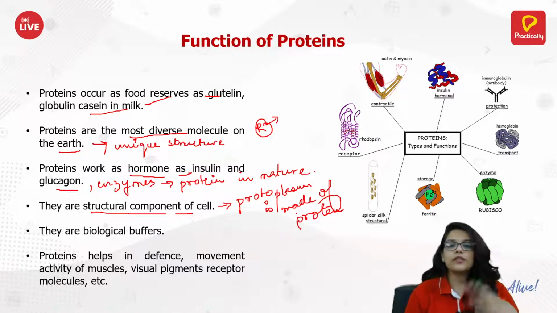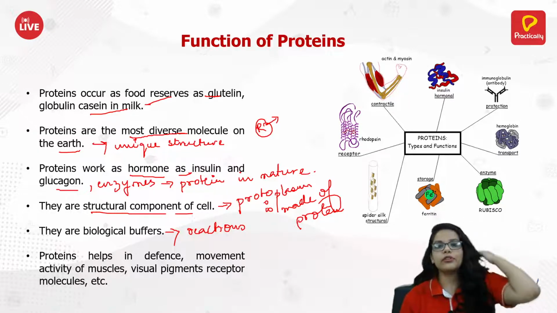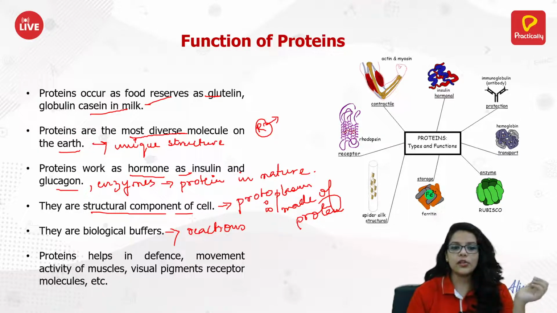They are biological buffers. They act as catalysts, such as enzymes. They help in reactions, life reactions, life processes. They are a kind of biological buffer which helps in certain reactions in our body.